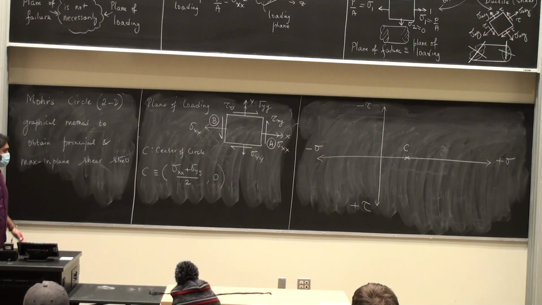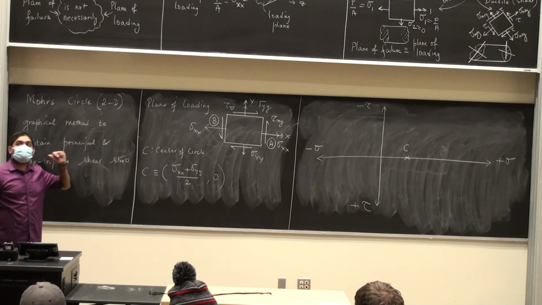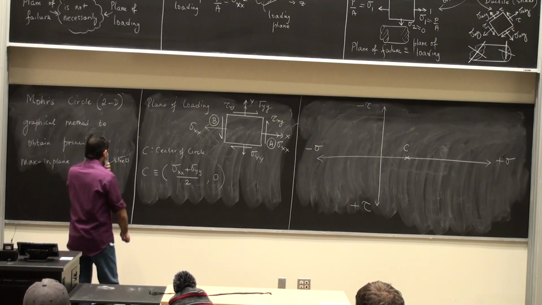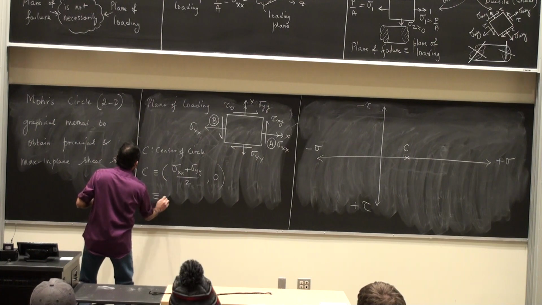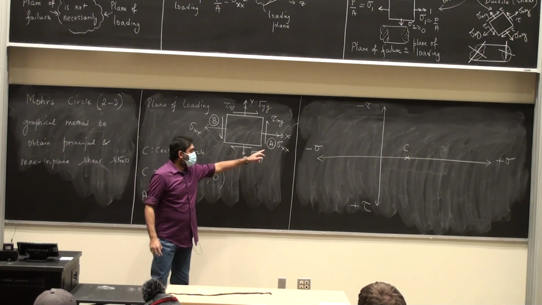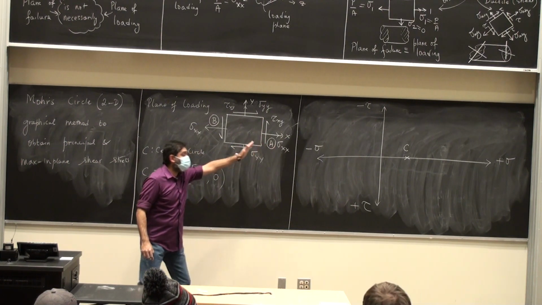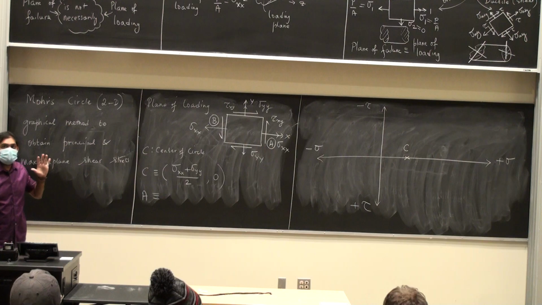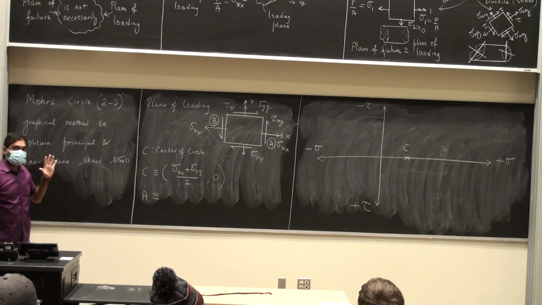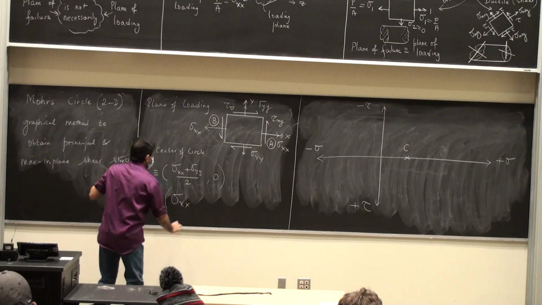Then, on the same plane, the sigma tau plane, you mark another point which is going to be called point A, which is no coincidence, is going to be whatever is the state of stress on this side of the plane element. According to my sign convention, this is going to be sigma xx, right?